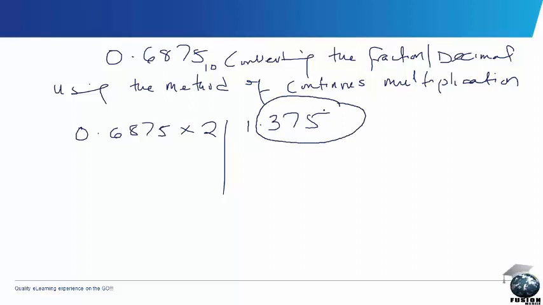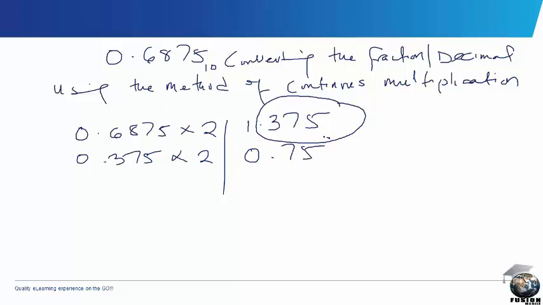Now what you do next is you pick the fractional side of your outcome and multiply again. 0.375 is the fractional side of the first outcome. Multiply by 2 again. So you have 0.375 multiplied by 2. It gives you 0.75.